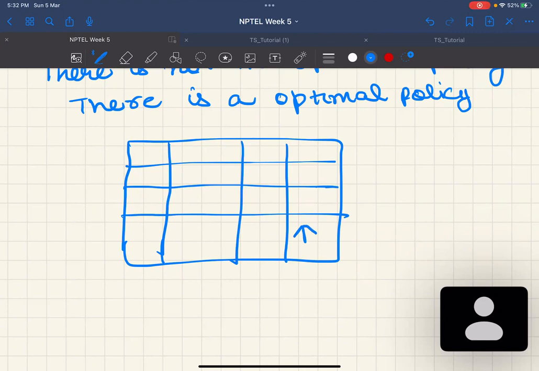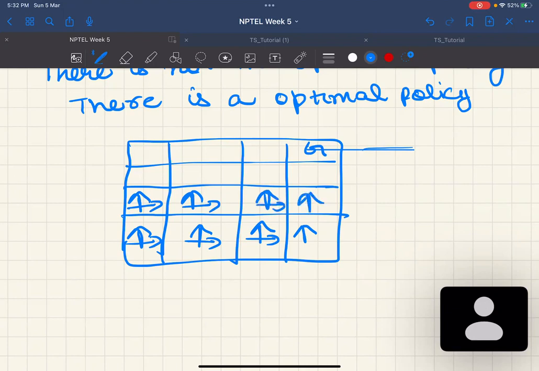This is the target here. I have to reach here. So I can go here on the top. Here I can go right, top, right. What does it tell?